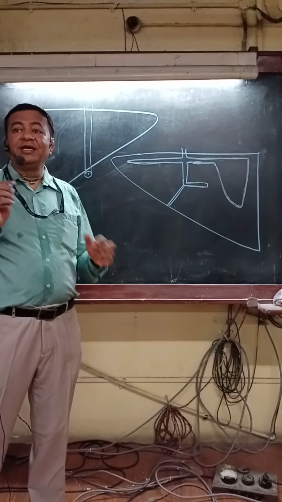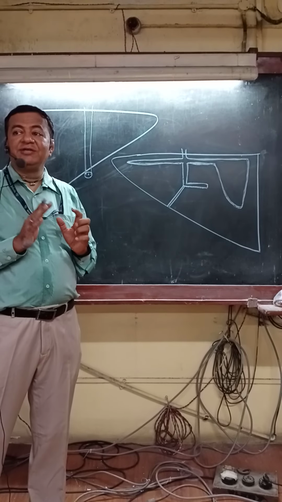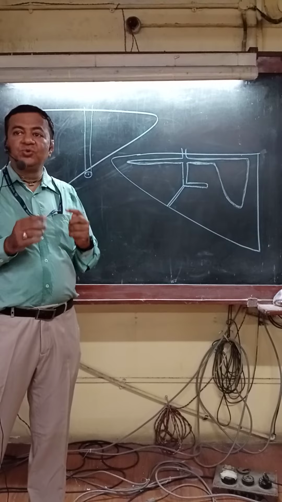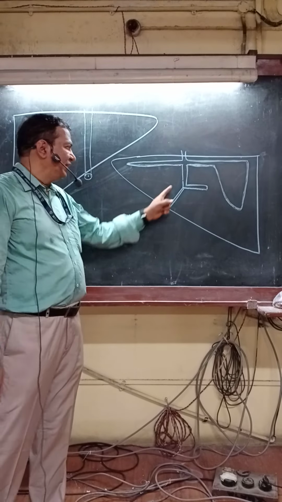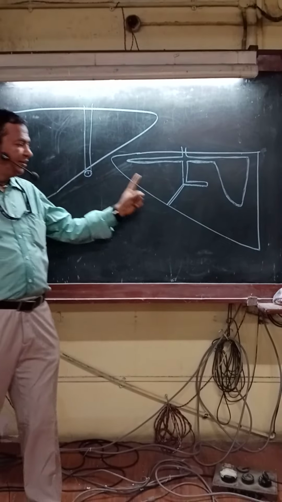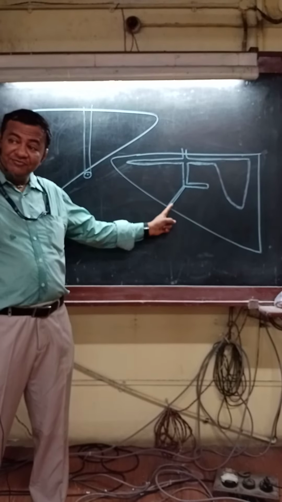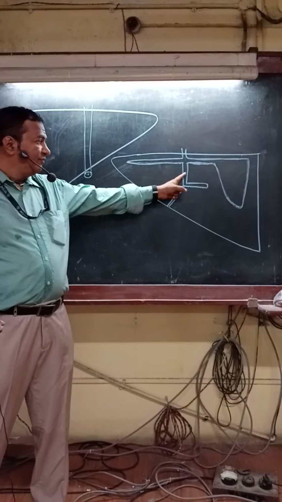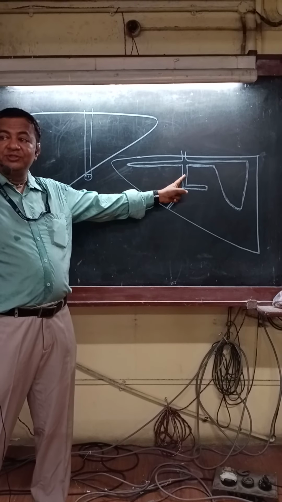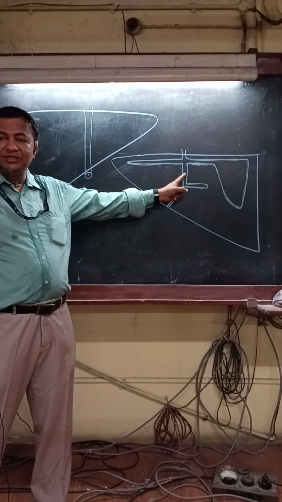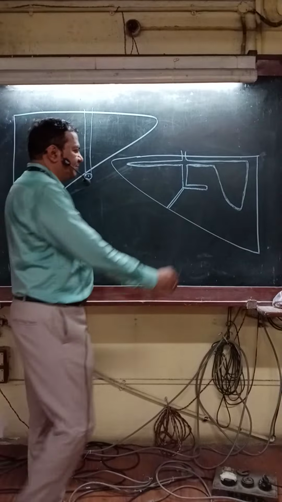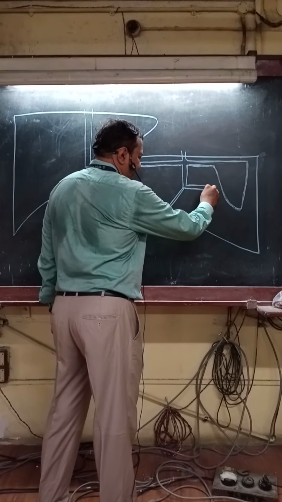So we said the liver is divided into two lobes, right and left, by falciform ligament anteriorly, ligamentum teres inferiorly, and fissure for ligamentum venosum posteriorly. This is fissure for ligamentum venosum, and the gallbladder is here.